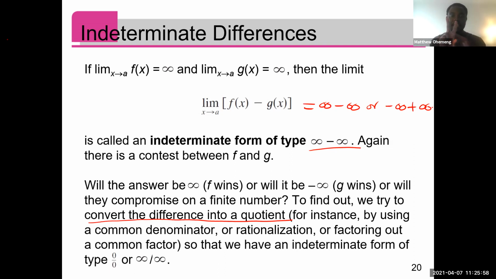The second case is if it contains a radical, right? And you get some type infinity minus infinity or negative infinity plus infinity, then what you have to do is rationalize, right? So that's why this one says rationalize. The first one was to write it as a single quotient by finding a common denominator.